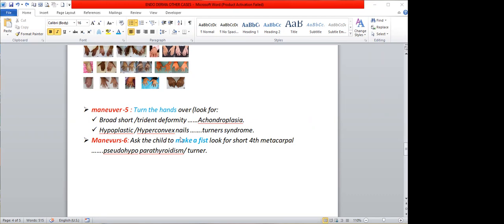And hyperconvex nails or sometimes hypoplastic nails are significant for Turner syndrome. Again, maneuver 4, sorry, can I add maneuver 6? Sure. So even when you do this maneuver, turning the hand over, you can look for Down syndrome, single palmar crease also. Yeah, definitely, I just mentioned that.